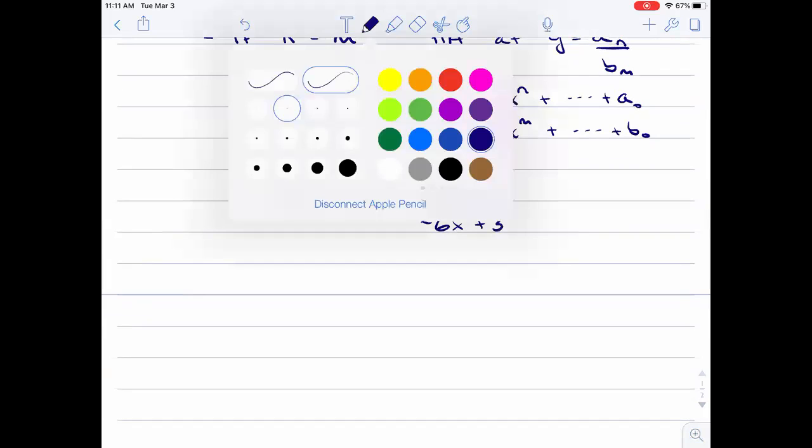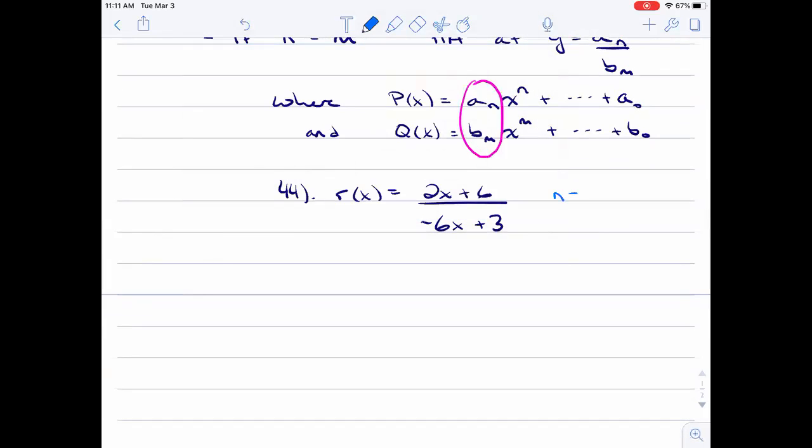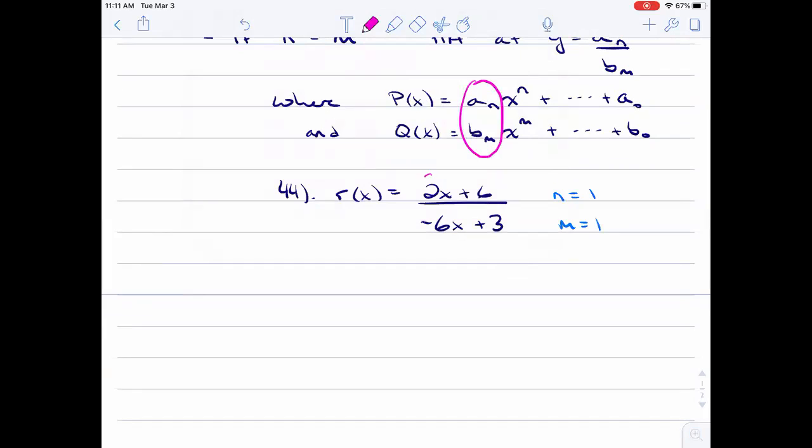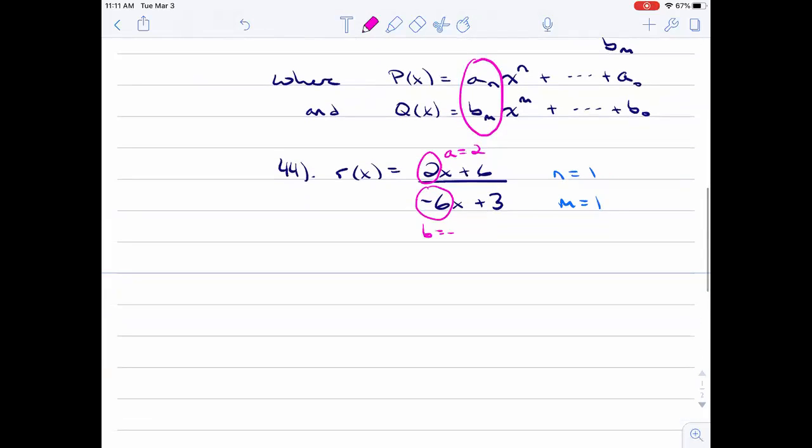Here, n equals 1 and m equals 1, so they're the same. Let's just call this a equals 2 and b equals negative 6, a subscript n and b subscript m if you want. But if you just want to talk about them as a and b, that's fine, because they're the only ones that we really care about.